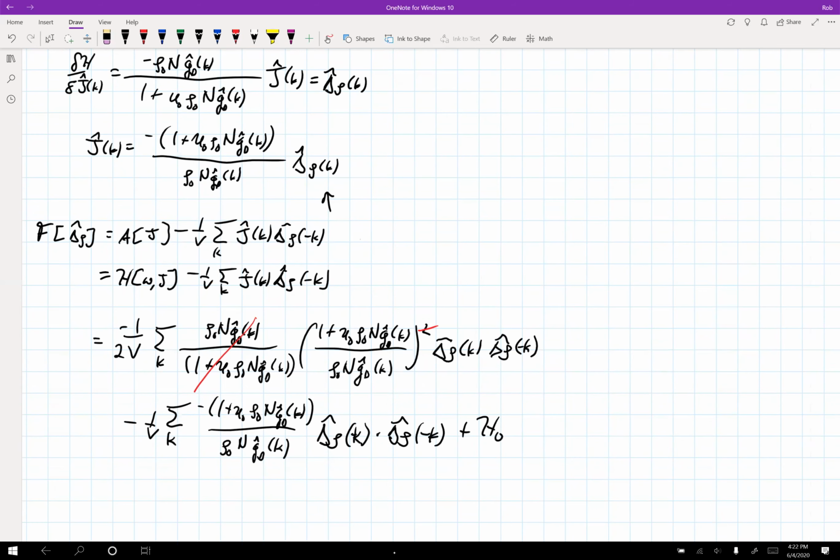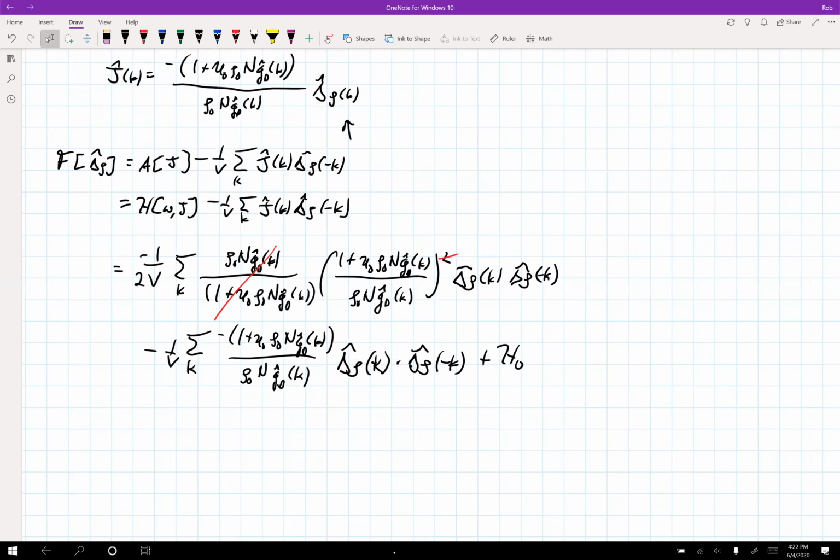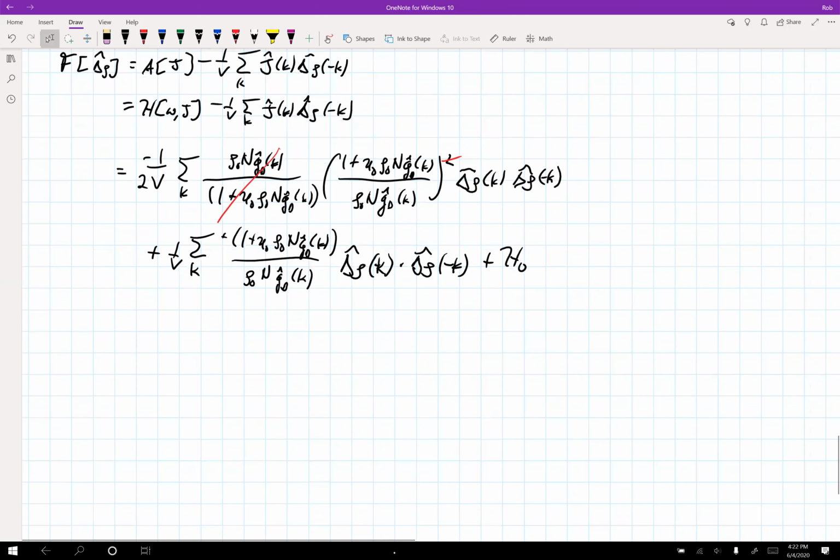And then there's a minus sign in the relationship between j hat and rho. So then that becomes plus plus. And now hopefully we can see that we have the same term here, except that this one has minus a half on it. Right, and so then we have, in the end, this free energy function that we get, because these two terms are the same, it's just the difference of the minus 1/2, we get F of delta rho hat.